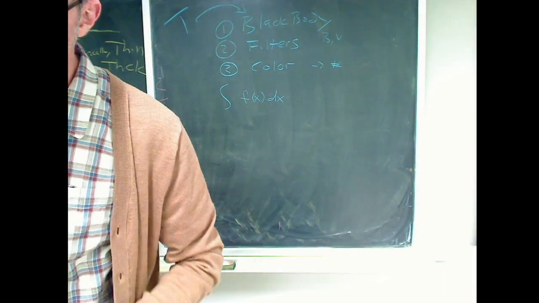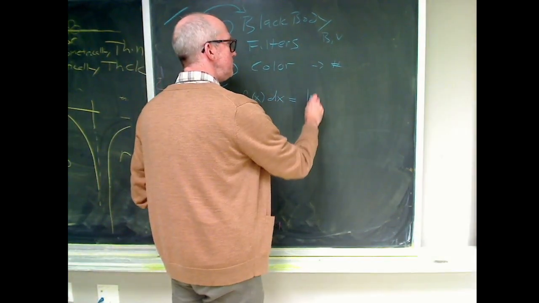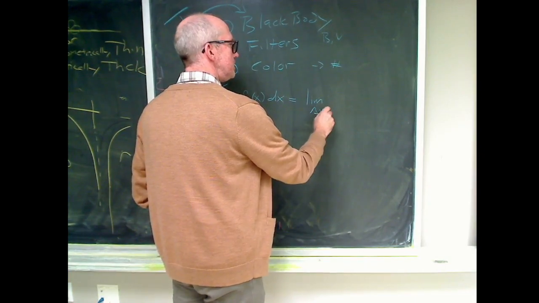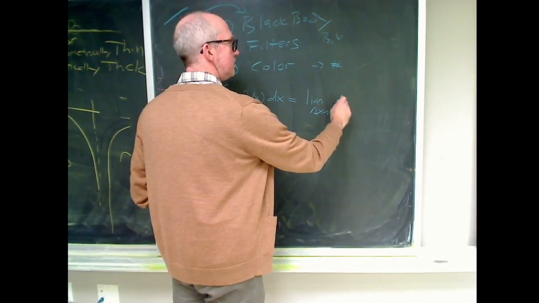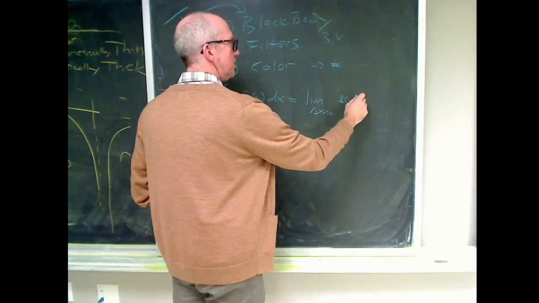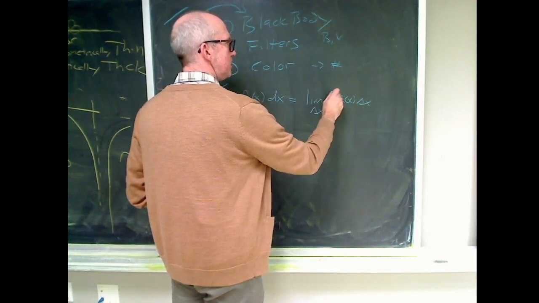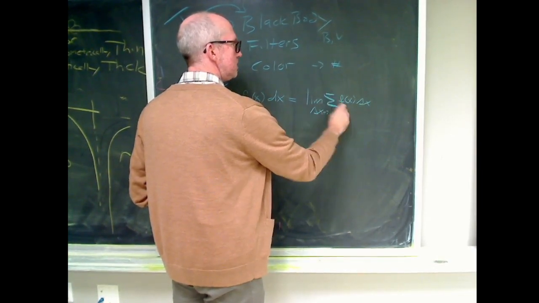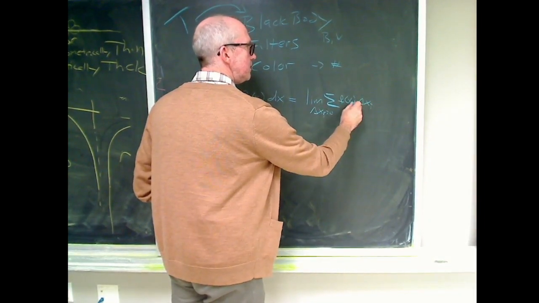So I can think about this as the limit as delta x goes to 0 of f of x times delta x, and it's the sum on all those things, delta xi.